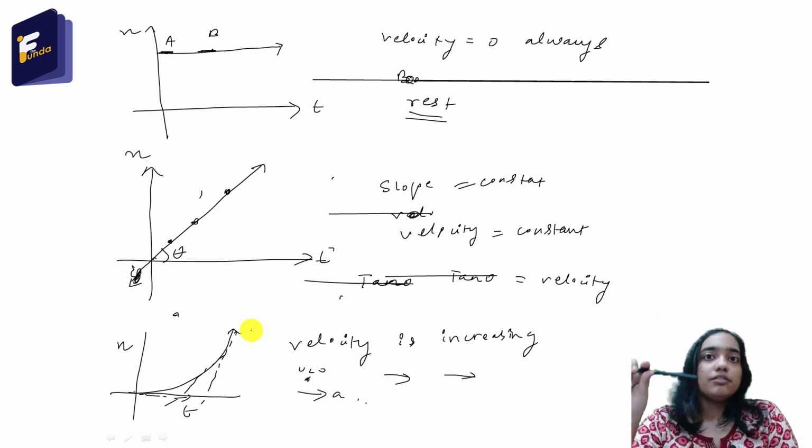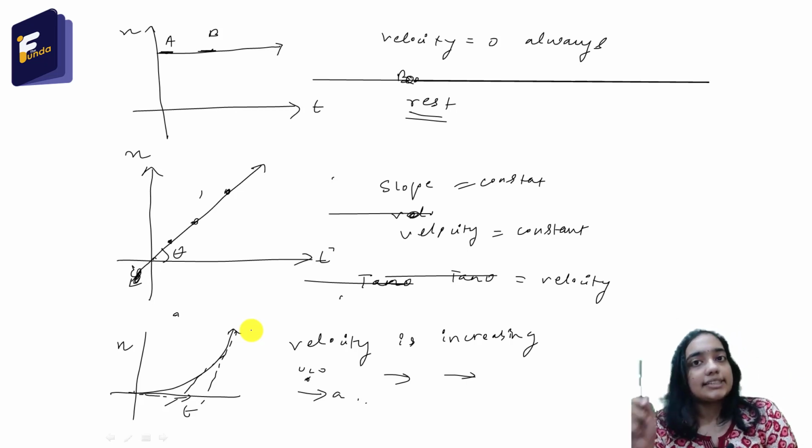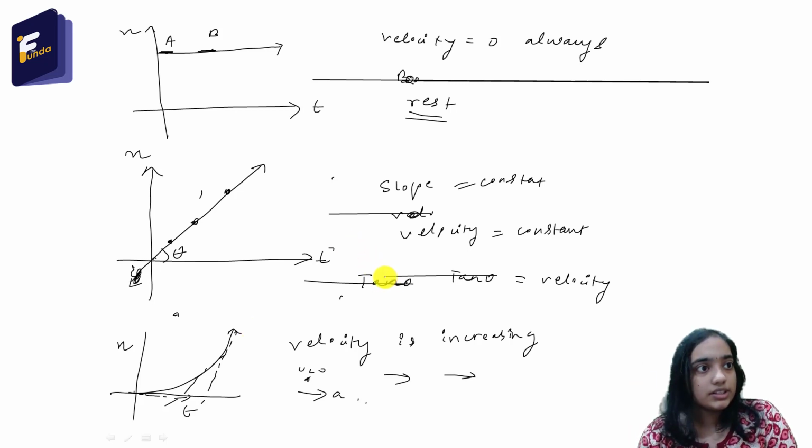That means the velocity has a positive direction. The sign of the slope is the sign of the velocity, that is positive. So here the velocity is positive and it is increasing. That means the acceleration is in the positive direction.